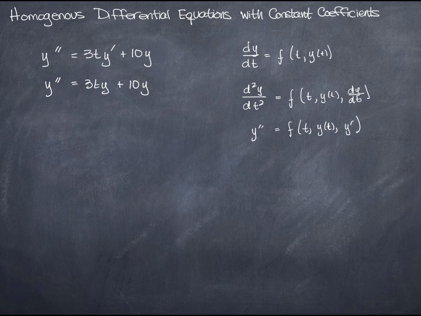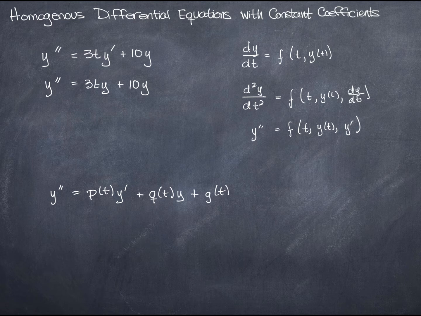It's worth noticing that a second order differential equation can be written as some function of t times y prime plus some other function of t times y plus some third function of t. Your textbook uses g here, so I will do the same. Doesn't really matter, it's just what they call it.